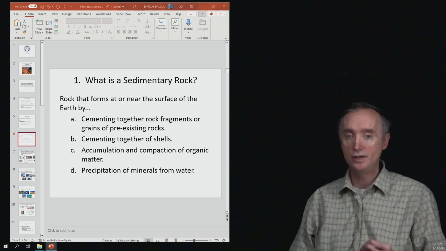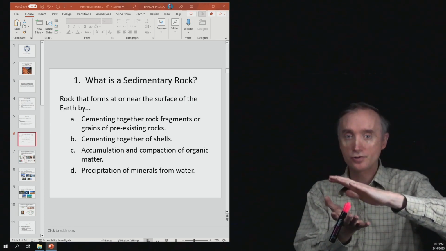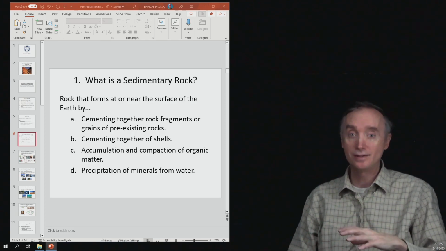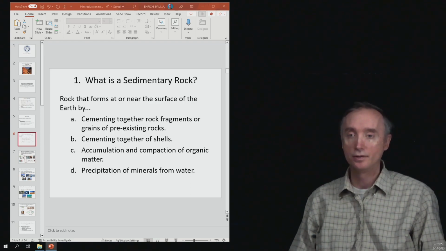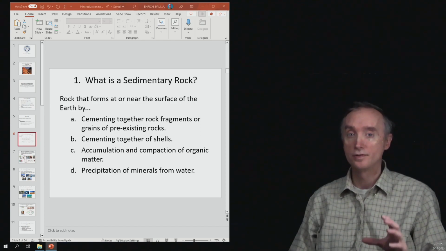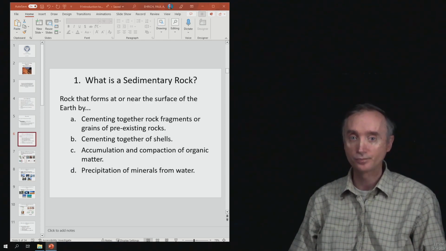Those smaller pieces of rock can be squeezed together just by pressure alone. It could also be cemented together with various kinds of cement, which we'll see in the next segment. But when you cement or pressure the debris together, that's what's going to make a sedimentary rock.